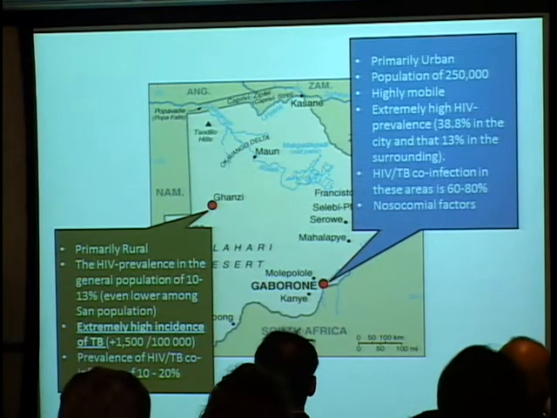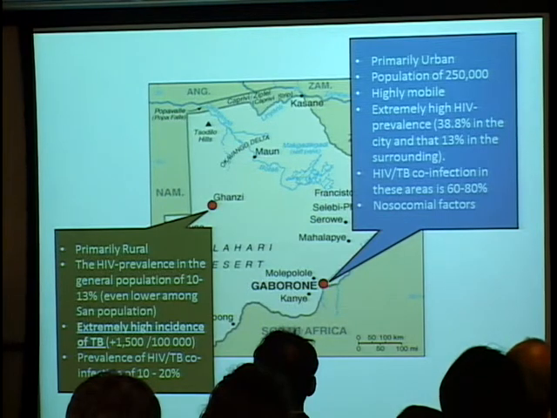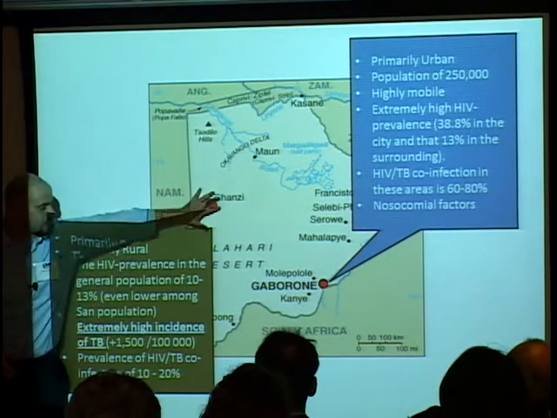They have not been exposed to TB in the past. They are actually one of the two groups, together with the Pygmies, that are genetically more homogeneous in terms of their human genetic background, and they are in this area.